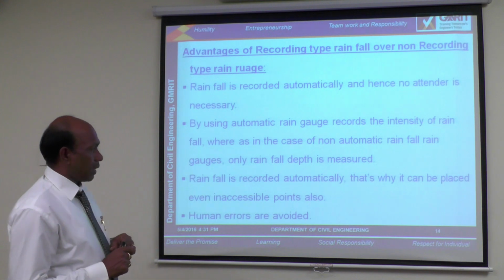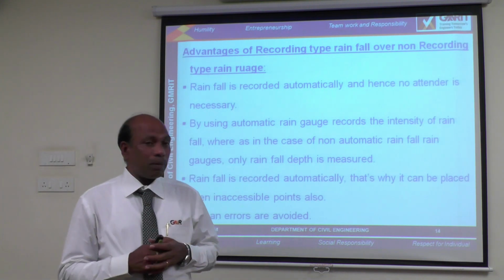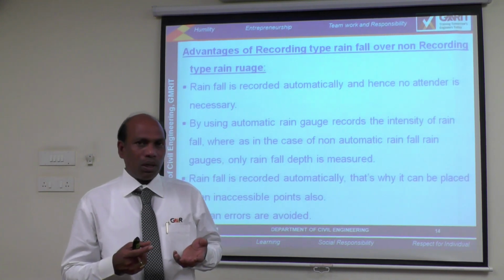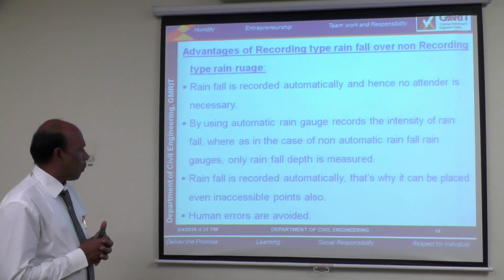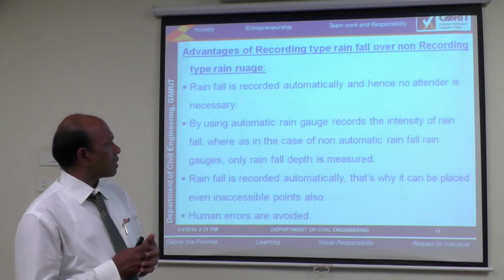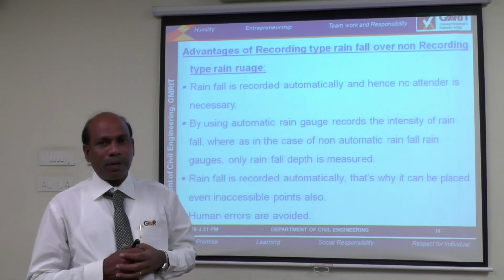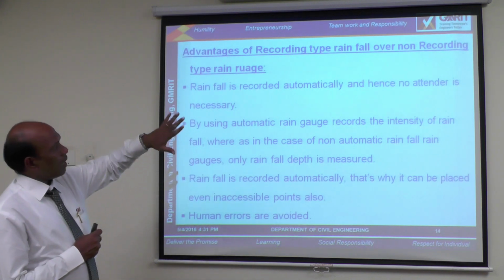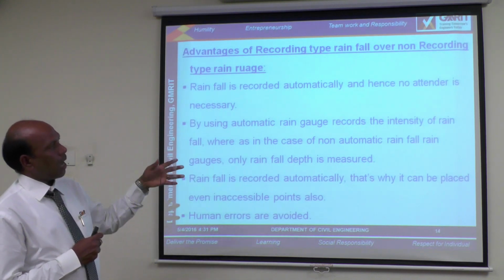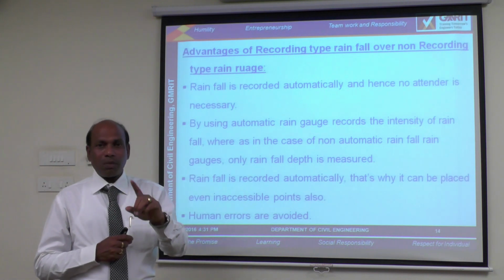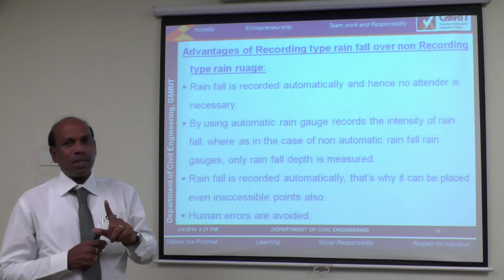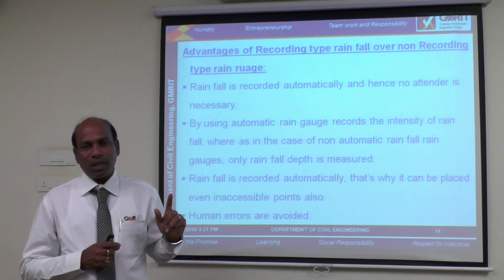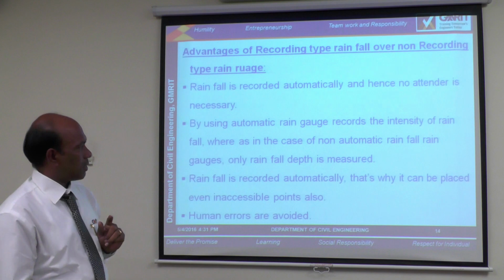Rainfall is recorded automatically, so it can be placed anywhere, even in inaccessible points. Another advantage is that human errors are avoided because no attender is required for the operation of these automatic rain gauges. So these are the advantages of automatic rain gauges as compared with non-automatic rain gauges, but the only drawback is that the initial cost is high in the case of automatic rain gauges as compared with non-automatic rain gauges.